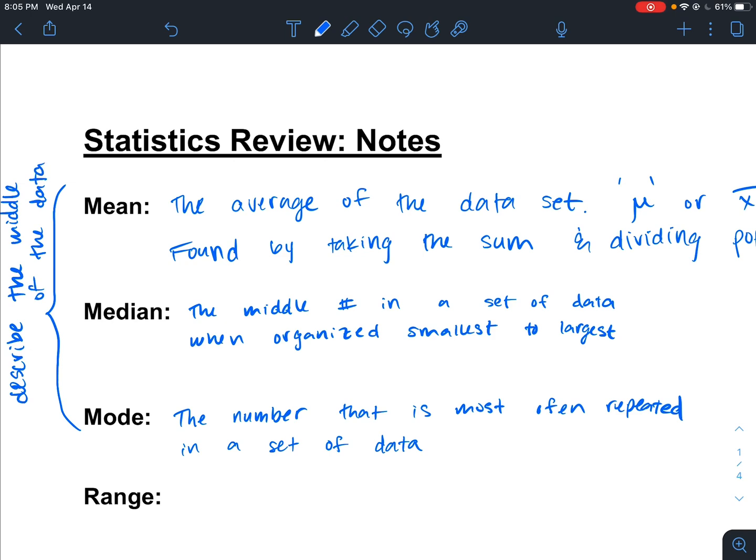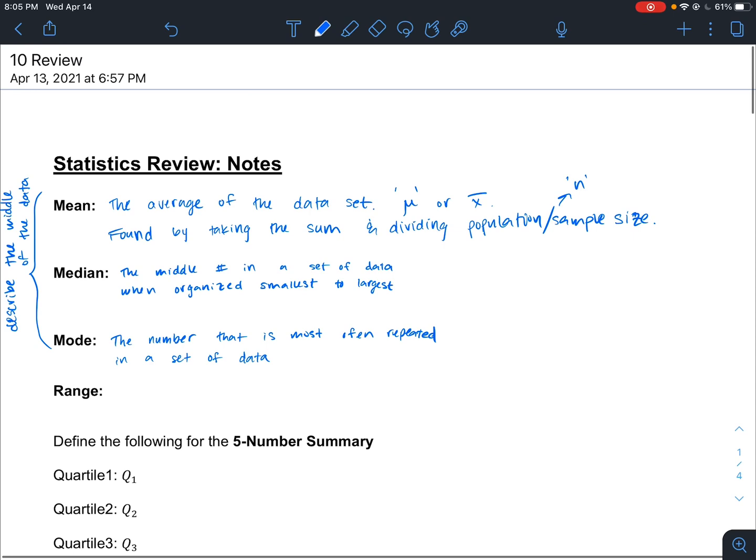It's a way to describe where the middle of the data lies. Depending on what our data distribution looks like, it might be better to use the mean, the median, or the mode. And we'll go over a little bit more of what that means.